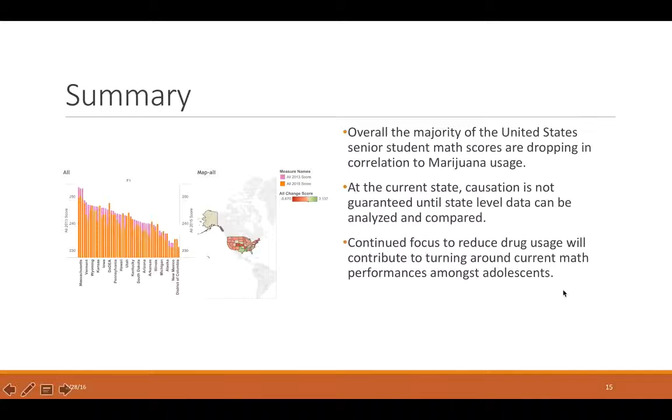And also, with continued focus to reduce the drug usage, it will continue to contribute to a turnaround in the current math performances amongst adolescents.